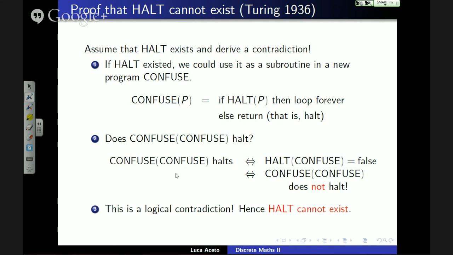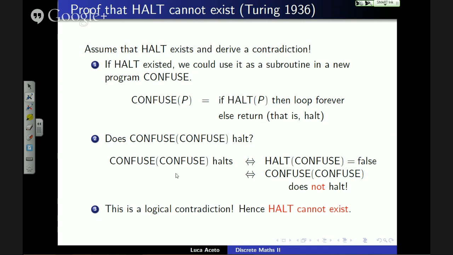Okay, the problem was not in what we did, everything we've done is legal. The only point which might be wrong is the fact that we assumed that we had this library program that behaves like halt.